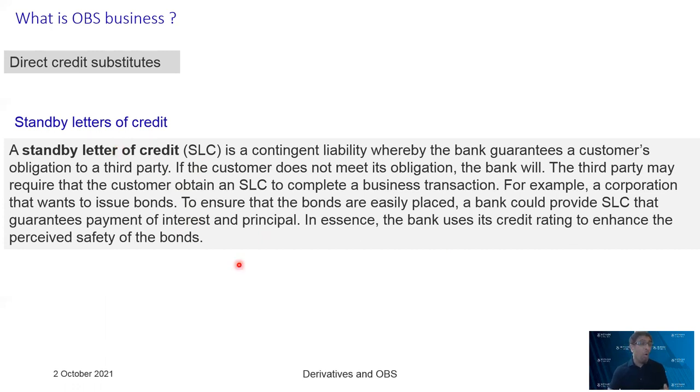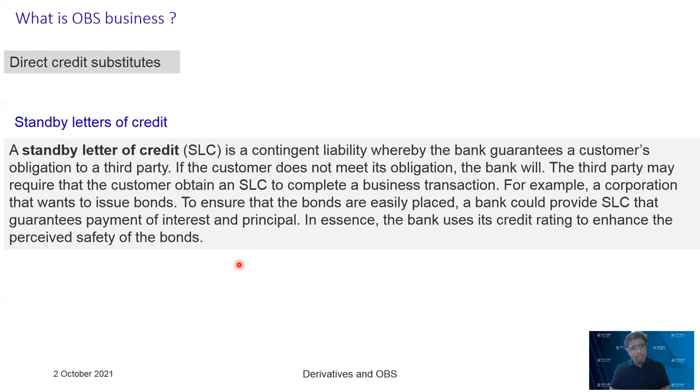So the payments will happen on the day, and hopefully it will be made by the corporation who issued those bonds. If they don't pay, then the bank will pay. Now, meanwhile, this is actually off-balance sheet. When you issue this guaranteed standby letter of credit, it's off-balance sheet.